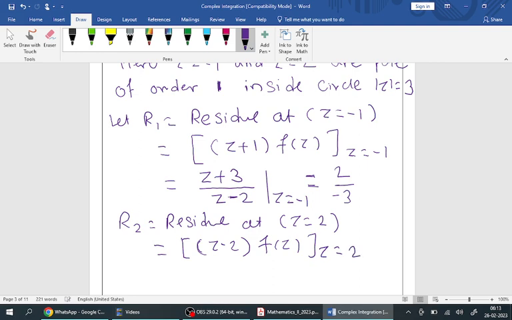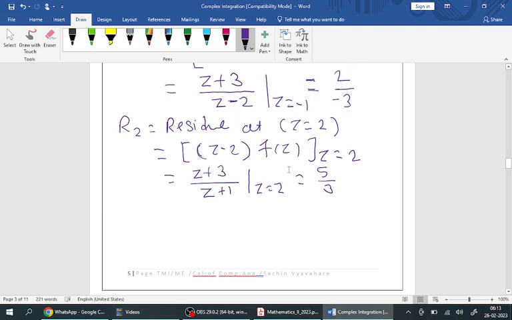So (z minus 2) gets cancelled. We are left with (z plus 3) upon (z plus 1) at z equal to 2, and we get the value of R2 as 2 plus 3 is 5, by 3. So we got R1 as -2 by 3, R2 as 5 by 3, and now the final answer.